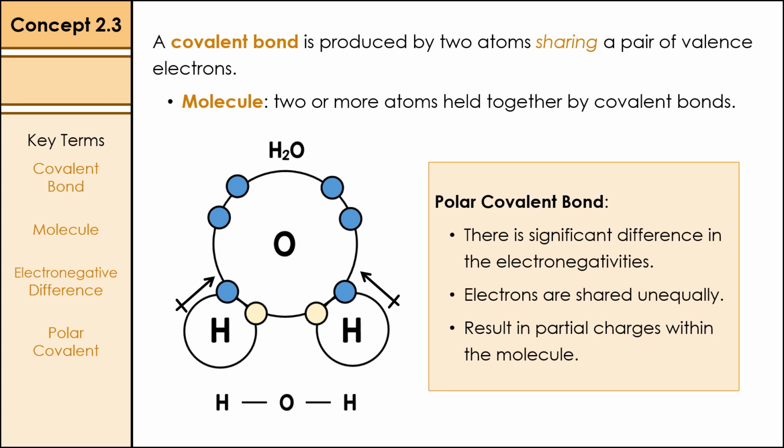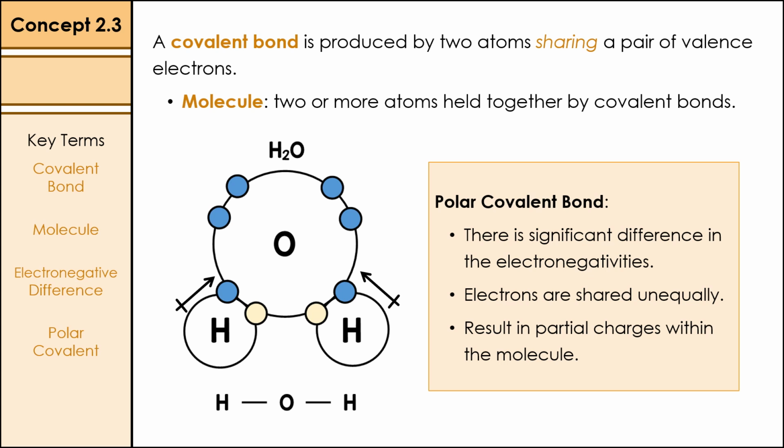So these are slight differences that borderline on significant, and therefore the electrons feel more of a tug towards one of the atoms than the other. And so we're sharing a little bit unequally, but we're still sharing. So this creates these partial charges, creating the dipole. So some atoms have a partial positive charge, whereas some atoms have a partial negative charge.